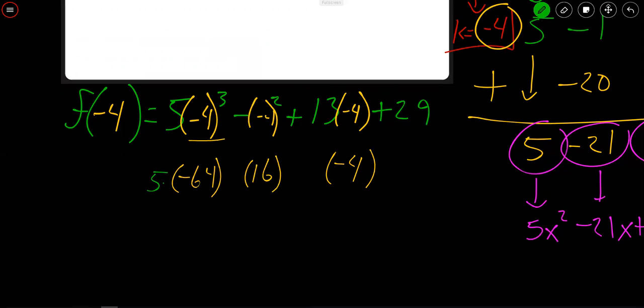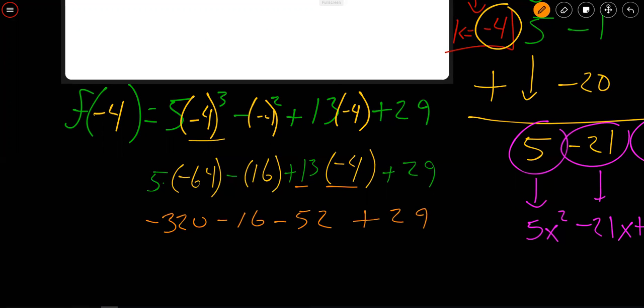I've got a 5 times -64, a negative times the 16, and a plus 13 times -4. Of course, bring down the 29. Now I just do some multiplication. 5 times -64 is going to be -320. Then I've got minus 16. 13 times -4 is going to be -52. And I'm going to add 29.